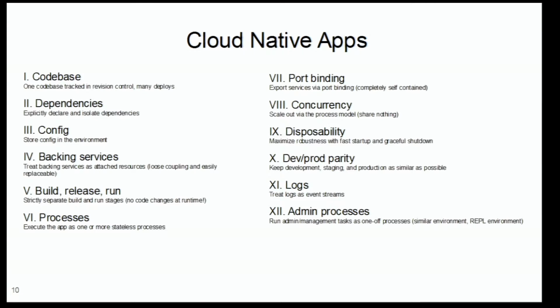Take care of your dependencies. All your dependencies should be part of your application. Your configuration should also be part of your application because you want a consistent experience, right? You don't have to mess with configuration every time in a different environment. Backing services should be treated as separate services. Don't make them part of your microservice. Separate your build, release, and run environments.